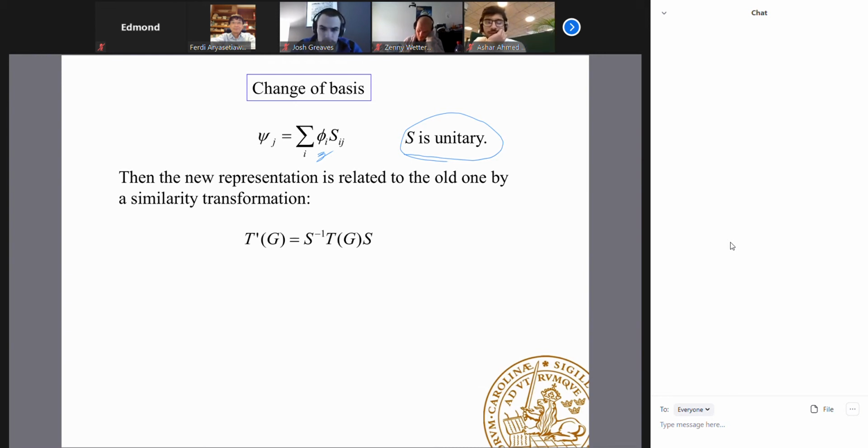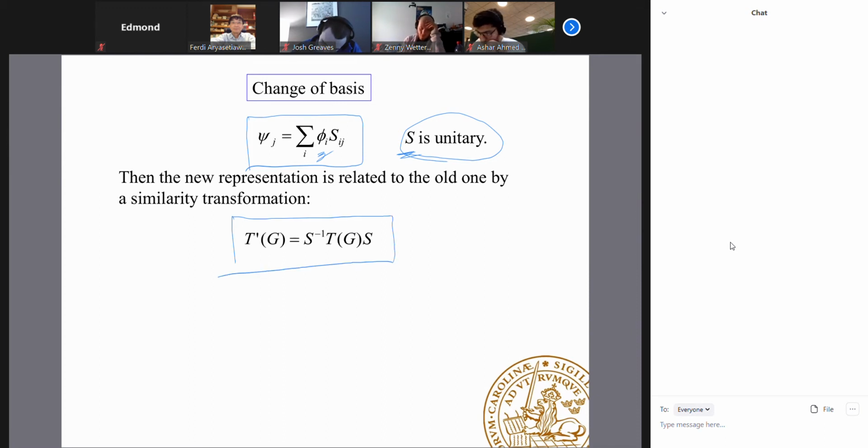And we also have done this before. So the point is that if we make this change of basis by rotation effected by some unitary matrix S, then the new representation is related to the old one by this similarity transformation.